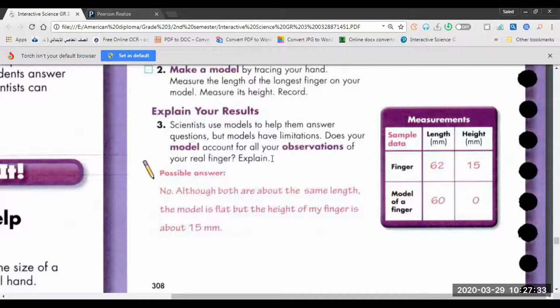Actually no, the model doesn't account for all your observations of your real finger. Why? Because although the length in real and in the model is the same, the model is flat. The height of my finger is about 15 millimeters, but the height in the model is 0.